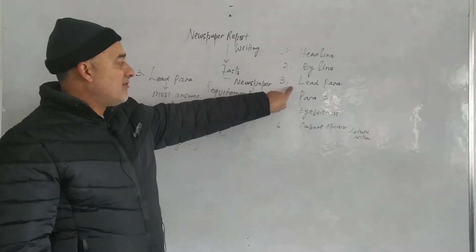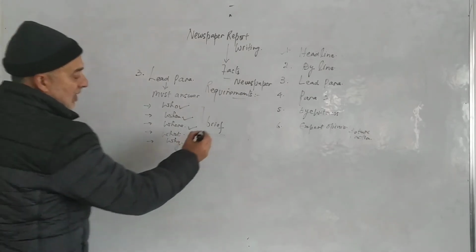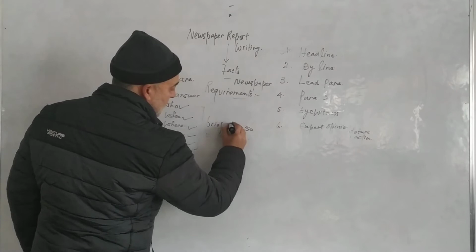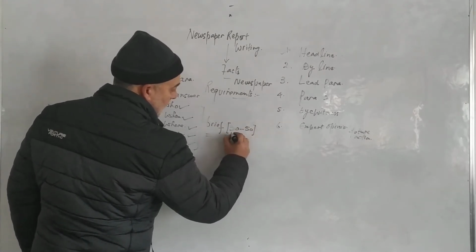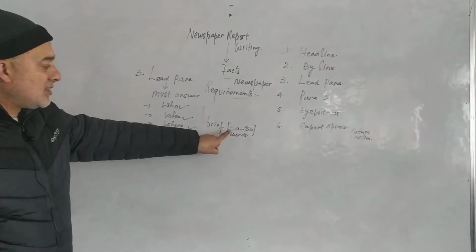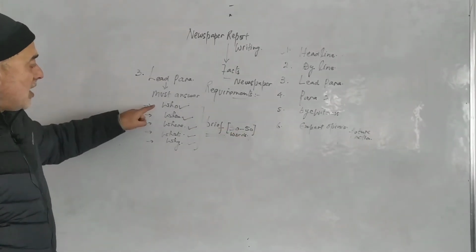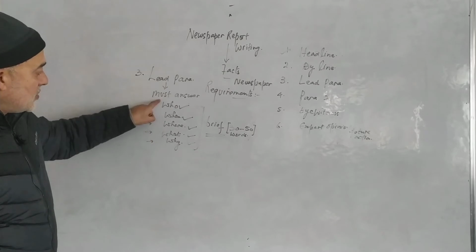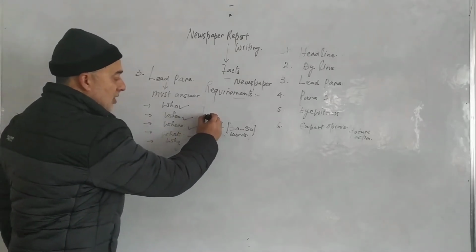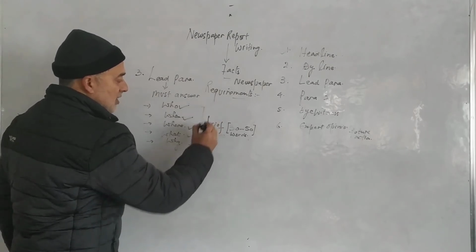The length of the lead paragraph is 30 to 50 words. So in these 30 to 50 words, you have to answer these questions. But keep one thing in mind, that you have to write it briefly.